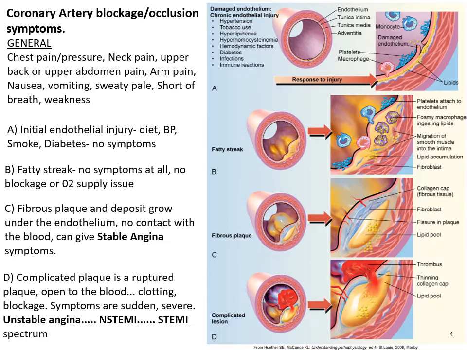So the symptoms and how they behave kind of lead you to think of what it is. If it's exertional chest pain that resolves with rest and nitro, well, that's stable angina.